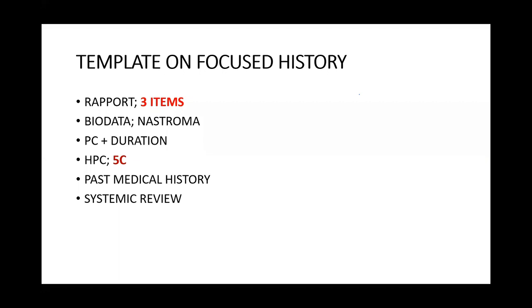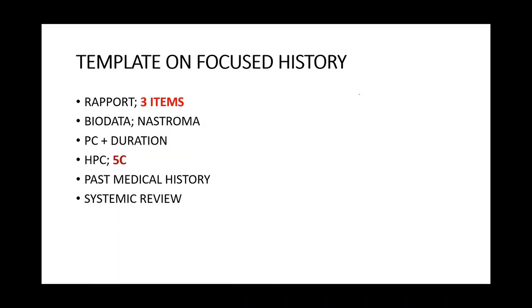Next is the history of the presenting complaint, which you will focus on 5 C's. You will focus on 5 C's. Detail on the complaints. The course of the complaint, meaning the progression of that complaint.